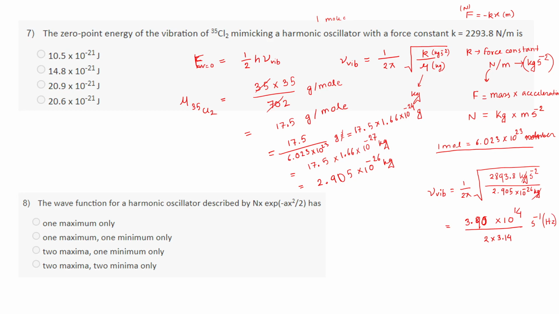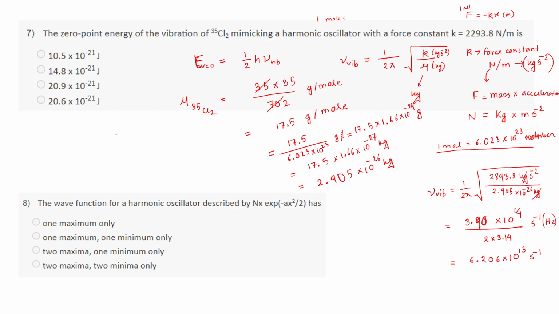What is that? It is actually going to be divided by 2 divided by 3.14. So I am doing the calculation on my phone, so I can make mistakes, please let me know if I am doing it wrong. 6.206 into 10 to the power 13 second inverse, okay.